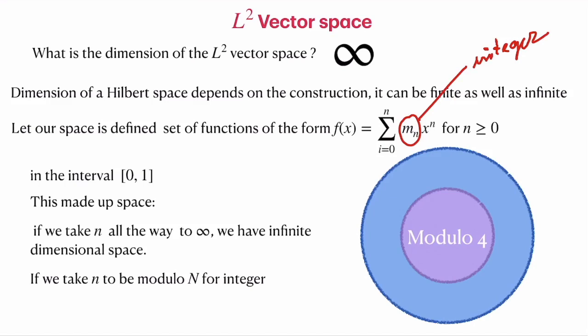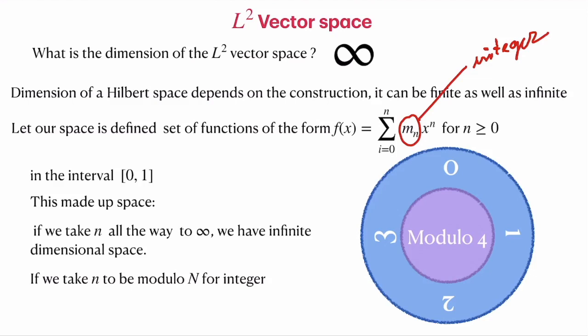For example, you can arrange them nicely on a clock-like thing where you have 0, 1, 2, and 3. Whenever you add two numbers, let's say 1 and 3, you get 4, and then that becomes 0.